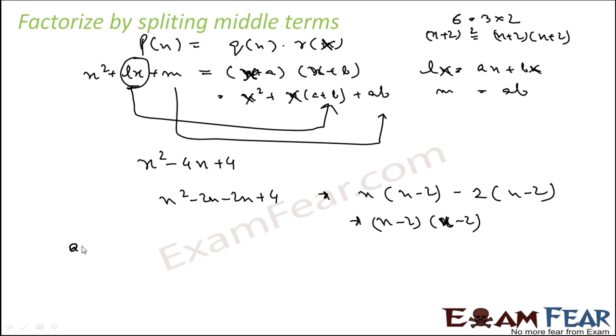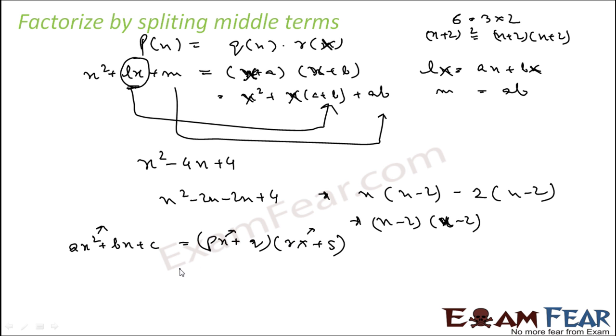Let's try factorizing this kind of equation, ax square plus bx plus c, by splitting the middle term. So here also we have to split. So this we can split in the form of px plus q into rx plus s form, right? Because this is degree 2, this is degree 1, this is degree 1. So x into x will give you x square.